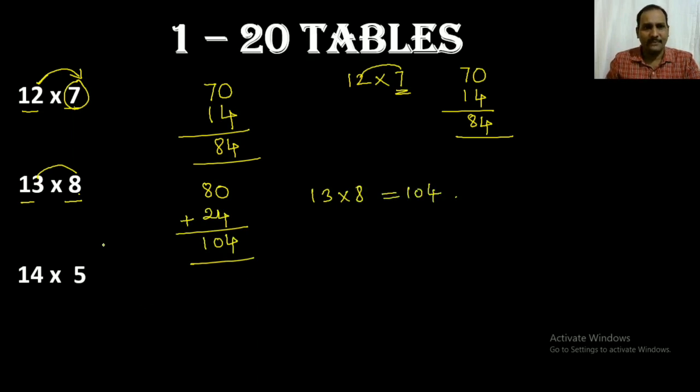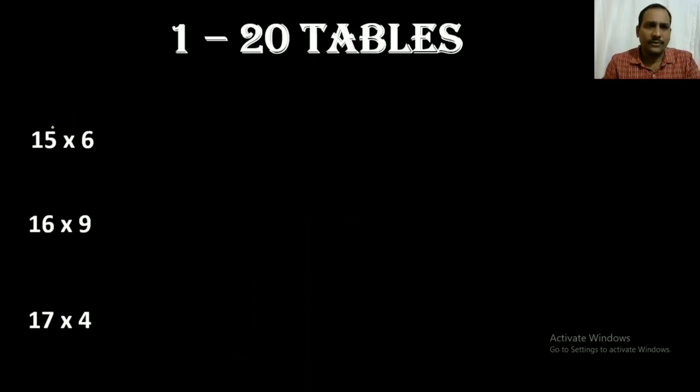Isn't it easy? Now 14 into 5. Write 5 as 50. 4 into 5, 20. 50 plus 20, 70. 15 into 6. Write 6 as 60. 5 into 6, 30.